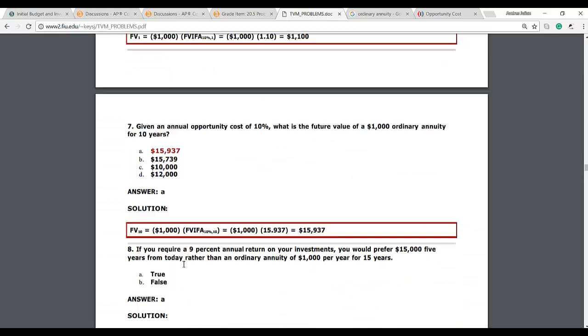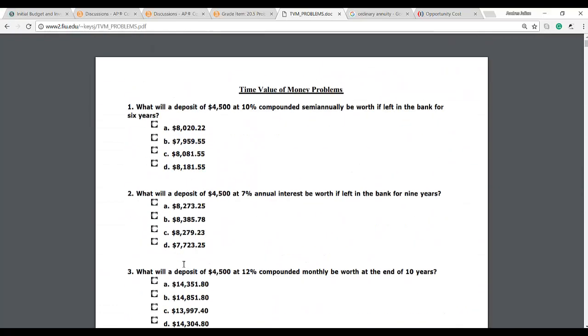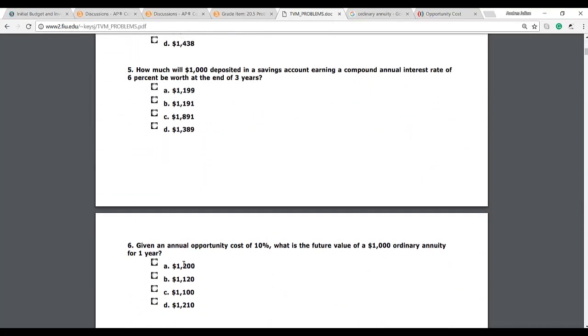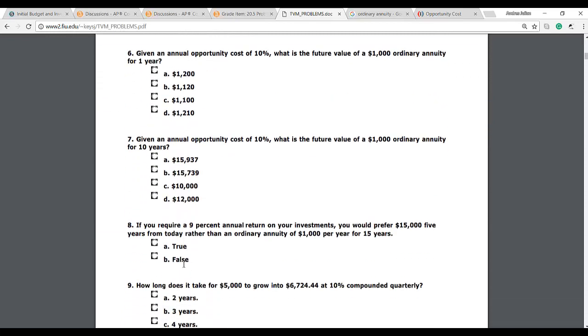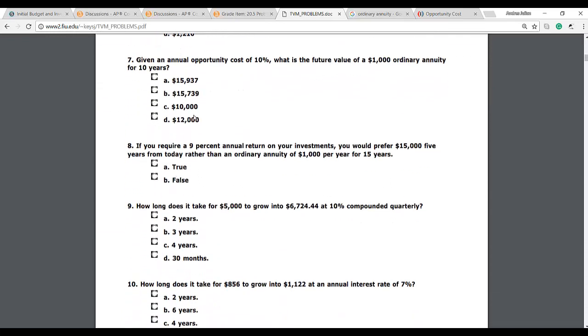In this case, what we are looking at is the present value. Now we're not going to use the future value, but we're going to look at the present value of the formula. It says that if you require a 9% annual return on your investments, you would prefer this money at the end.